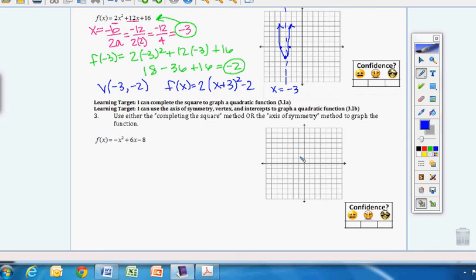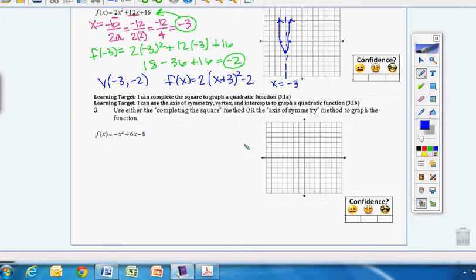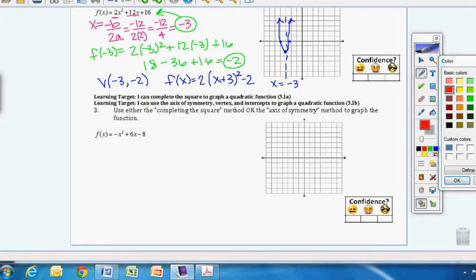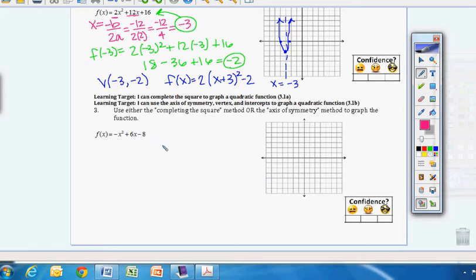All right. So now we want to use either method, whatever you like best. When I was reading through all your responses, the most popular was the opposite of b over 2a. So we're just going to use this.